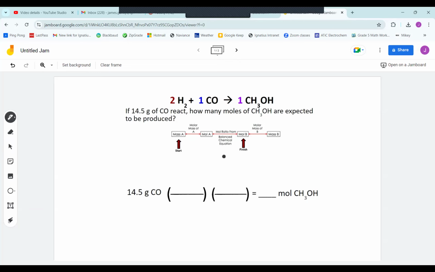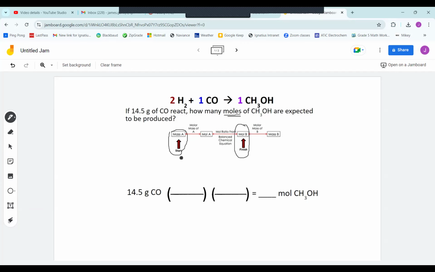In particular, we're going to want to pay attention to where we begin in the problem. We're starting with the mass of one substance, let's call the CO substance A. And they want us to get to not mass, but moles of another substance. So we're getting to moles of a substance B, let's call substance B CH3OH.